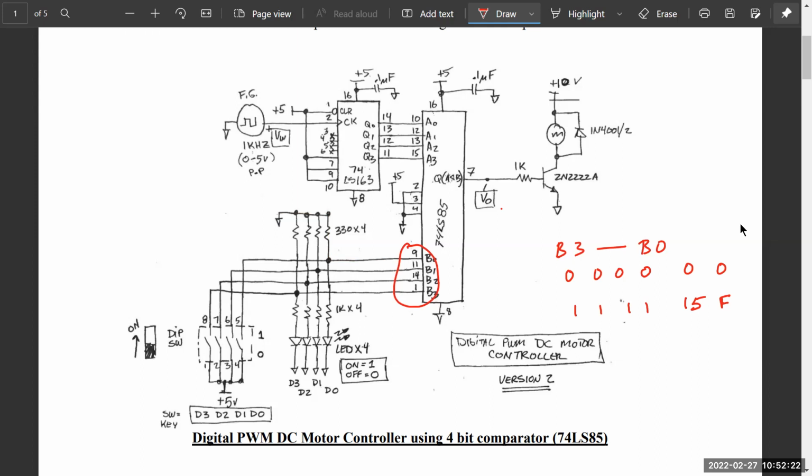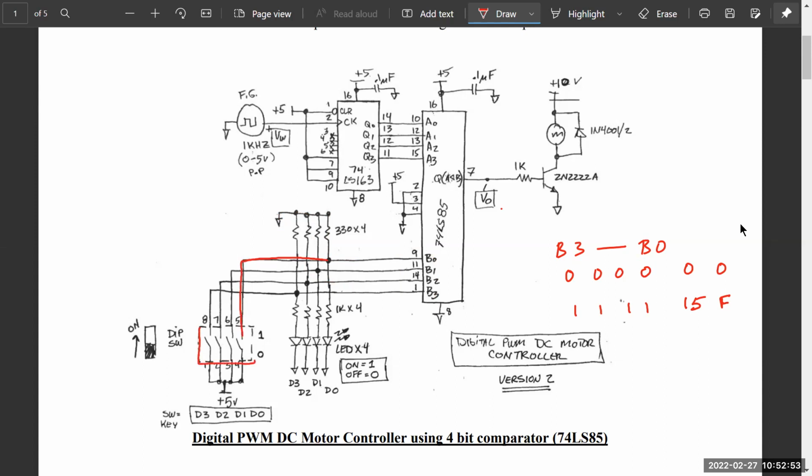But essentially, these pins B0 through B3 are all connected to ground right there. And ground, of course, is 0 volts. So the de facto state for B3 to B0 is 0.